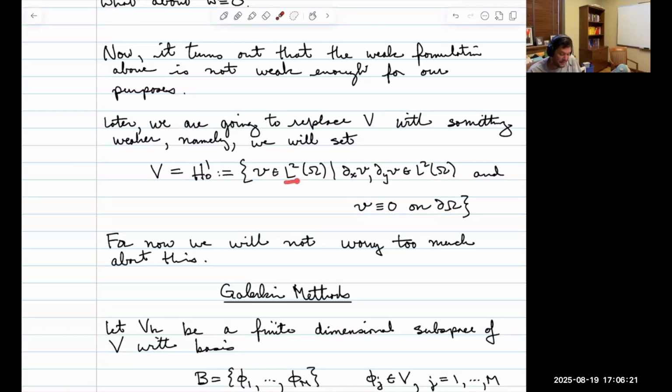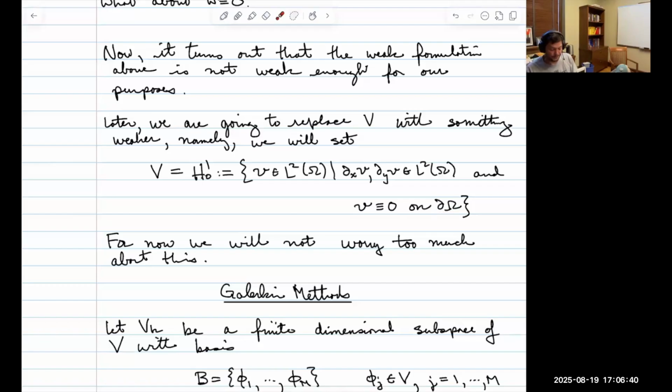Now, if V was only an L2 function, you guys probably know, at least those who have taken measure theory, that I could never guarantee its point values on the boundary.